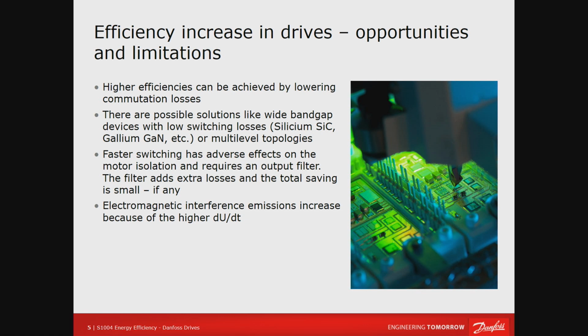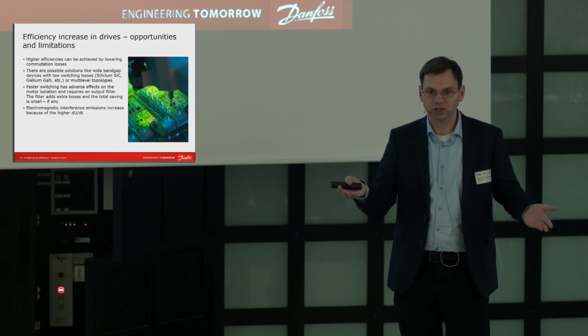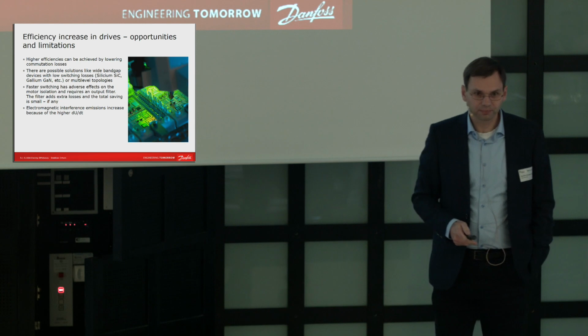Very fast switching also means higher electromagnetic interference. So what to do? When you use these fast switching devices with very high efficiency, you need to add a filter. So what you save on the semiconductors, you almost waste on passive components, which are used to compensate for the secondary effects of the fast switching. So at the end of the day, you don't get so much out of this deal.